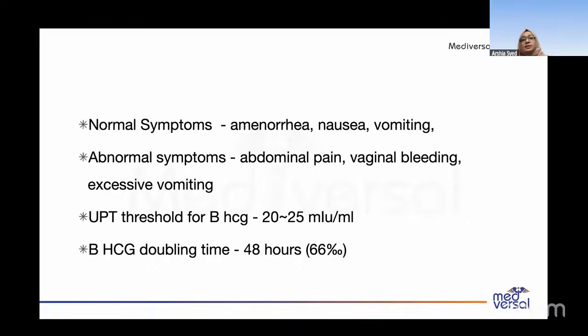If the beta HCG is doubling, it has become double what that value was, then it is a normal intrauterine pregnancy. But in case it's not doubling, or in case it is falling, then you can think of abnormal pregnancies like a pregnancy of unknown location or ectopic, or a case of a failing pregnancy or an abortion.